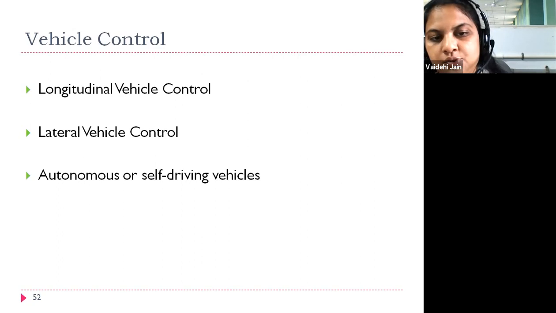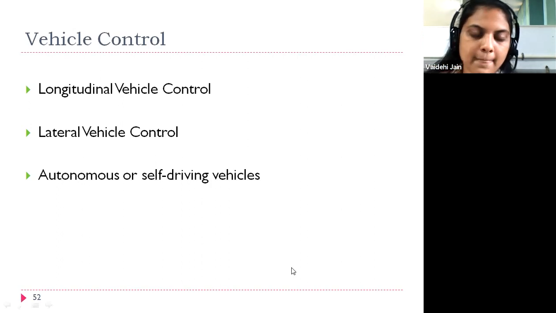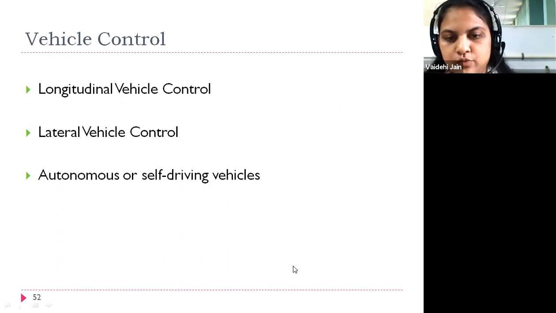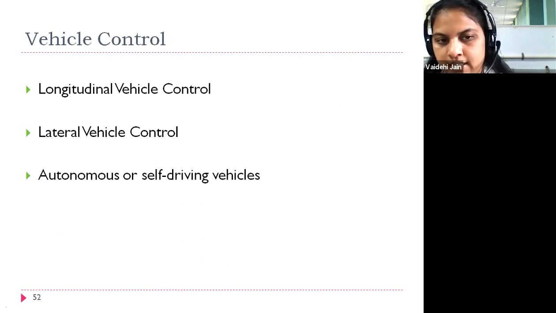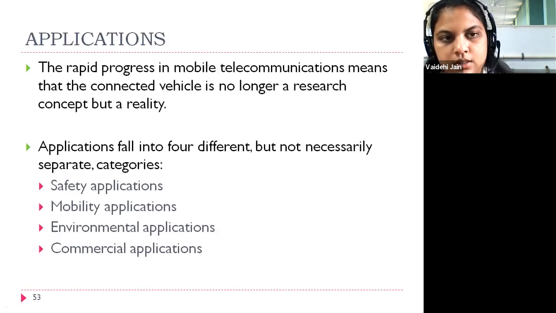And the lateral vehicle control means if one wants to overtake or change the lane, the lateral movement of a vehicle should be controlled for the provision of safe roads and the smooth flow of traffic. So this is controlled by the ITS application.